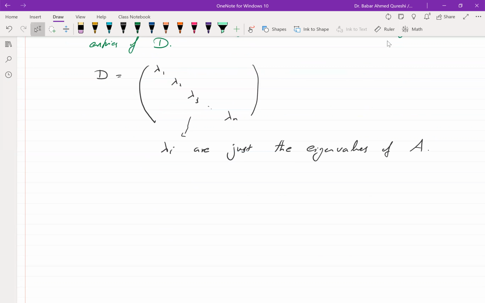So you started with the matrix A and it had some n eigenvalues.